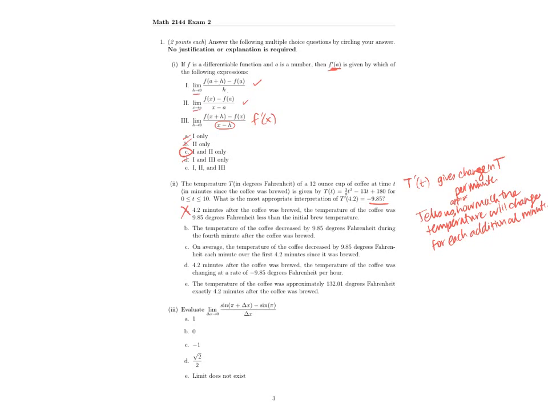The temperature of the coffee decreased by 9.85 degrees Fahrenheit during the 4th minute. That's close, but not quite. How about this? On average, the temperature of the coffee decayed by 9.85 degrees over the first 4.2 minutes. No, that's not right either, but it does talk about change in temperature.